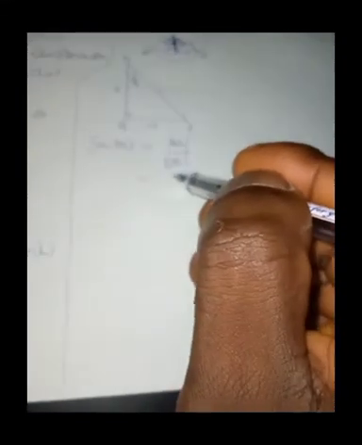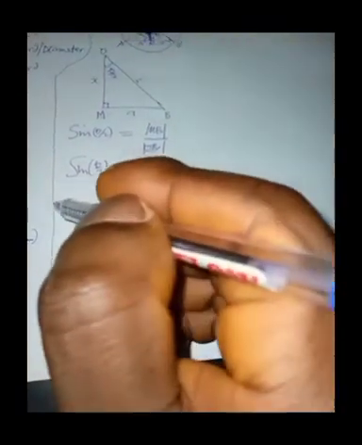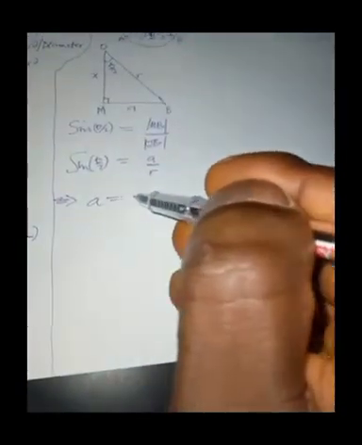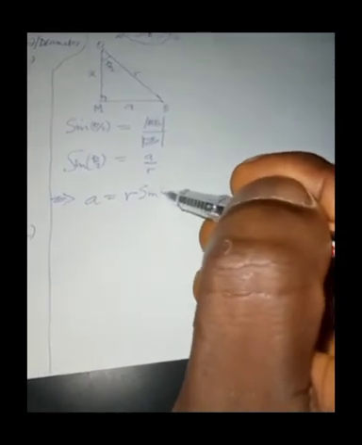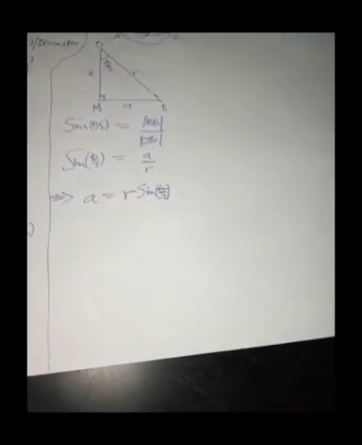So we have sine theta over 2 equals A over R. Now let's make A the subject of the formula. From there, we have A equals R sine theta over 2, if you cross multiply.